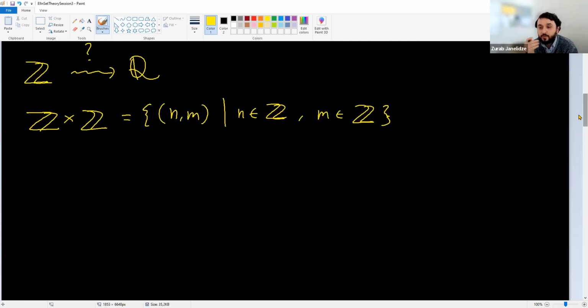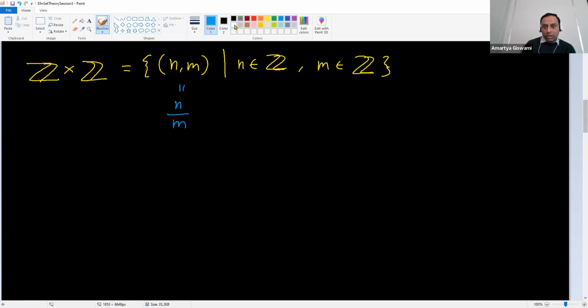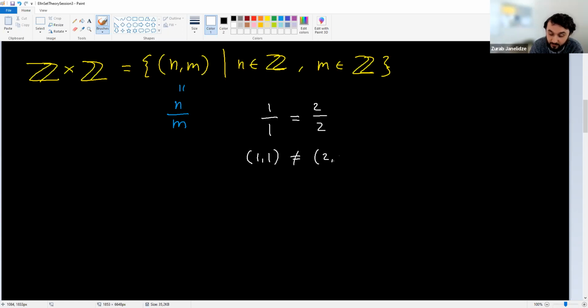But of course, if we do that, then we get too many numbers, because the idea here was to think of this as the fraction n over m. We want 1 over 1 to be the same number as, let's say, 2 over 2. But being defined as pairs, the pair (1, 1) is not the same as the pair (2, 2), because pairs being the same means that components are equal.